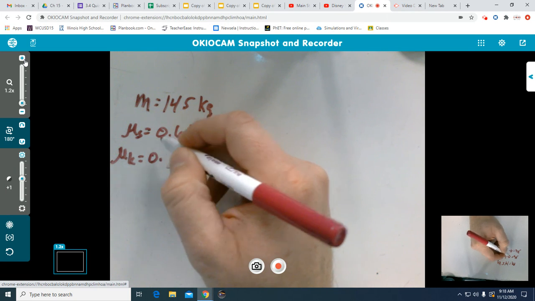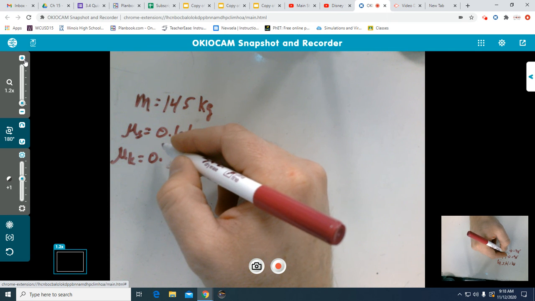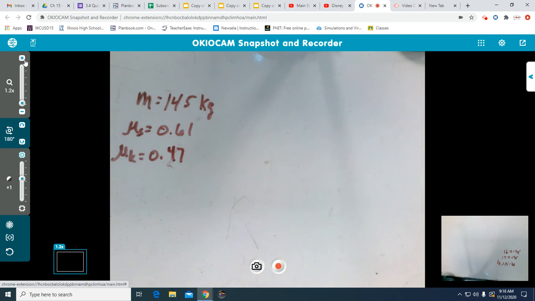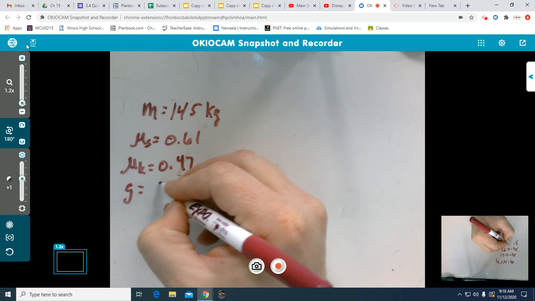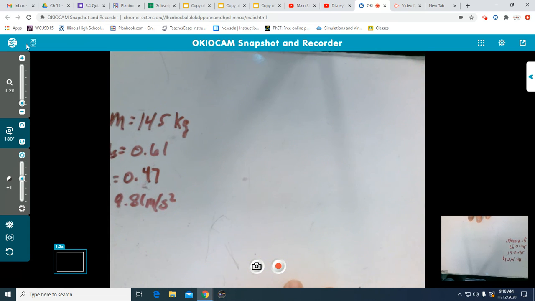Aluminum on steel. 0.47, very good. And we know gravity to be 9.81 meters per second squared. All right. So we need to figure out what? The Fs max and the Fk? Yeah.